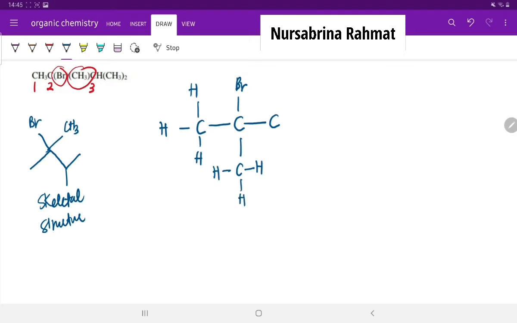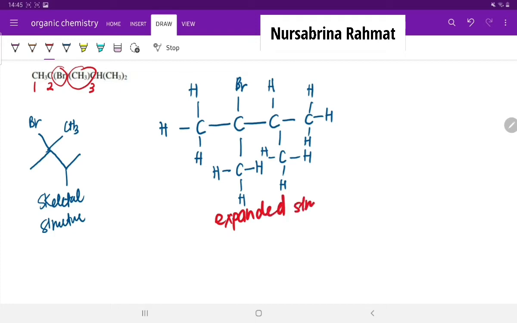At my third carbon, I have hydrogen here, and then I have two methyl groups present. Okay, so these are the expanded structure for my second chemical compound.